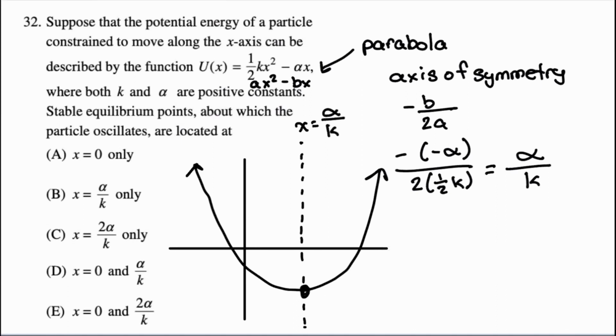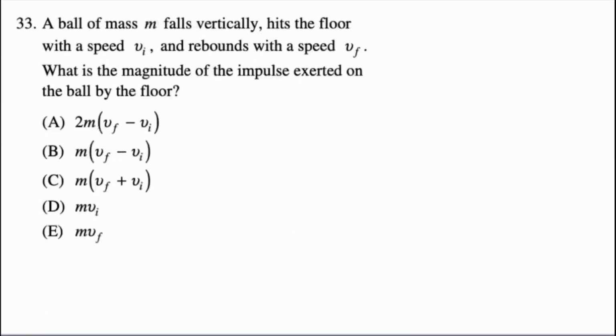This is where the potential energy is at its minimum, and that's what is encompassed by stable equilibrium points where the particle oscillates. So our answer choice is B, alpha over k only. This was a really weird question, honestly. It required you to go back to some algebraic concepts that may have been a little fuzzy. This might be a question that you skip if you see it, no shame in doing so.